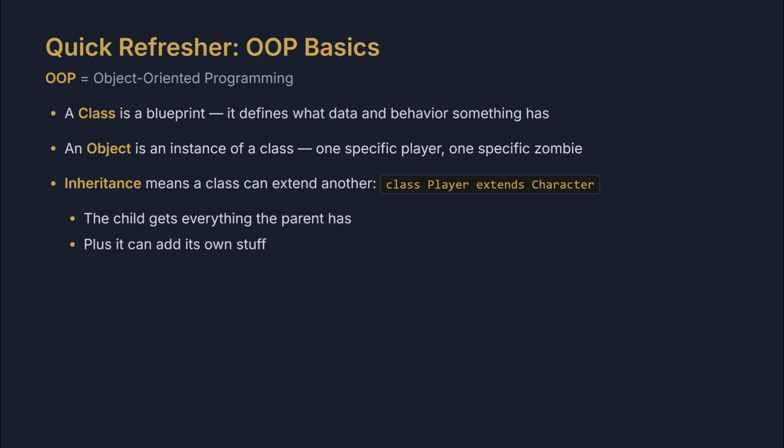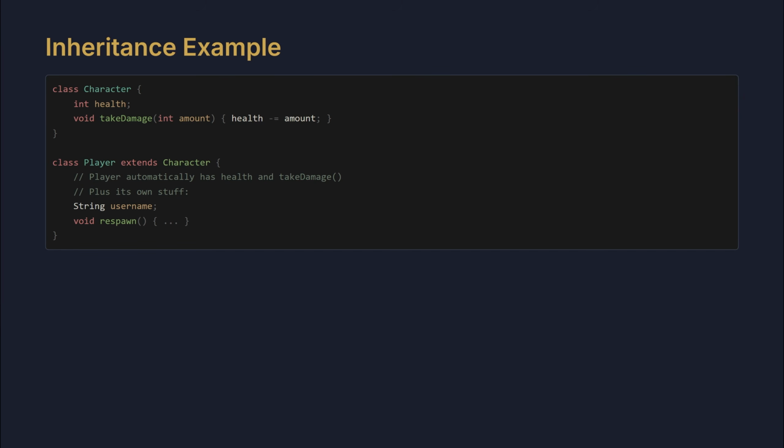The child gets everything the parent has, plus it can add its own stuff. So this is what inheritance looks like. We have a character class, which has a property health and a method take damage. And then we can, for example, have a player class, which extends character and provides an additional property called username or respawn. So this seems clean.